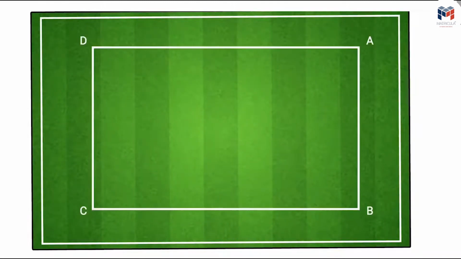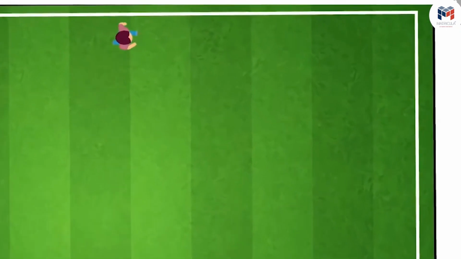Look at this diagram of a rectangular field A, B, C, D. Suppose the athlete is running around in this rectangular track at a uniform speed in the straight parts of AB, BC, CD and DA. The athlete changes her direction of motion at the corners of the field to be in track.